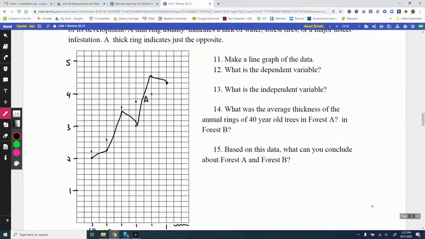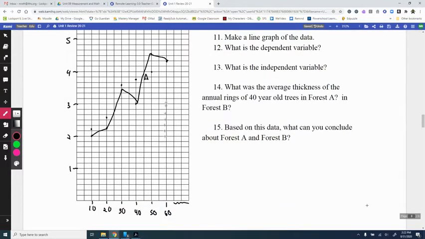And 60 years, 4.5. So now we're going to connect those dots, and this time, since we did a solid line last time, we'll do a dotted line this time. Put that A in an inopportune spot. Just like that. So that is forest B.